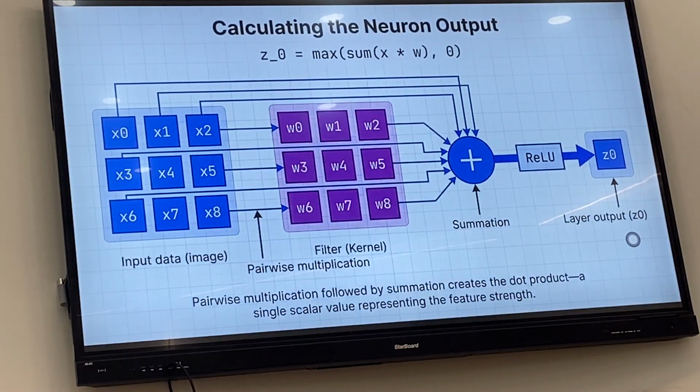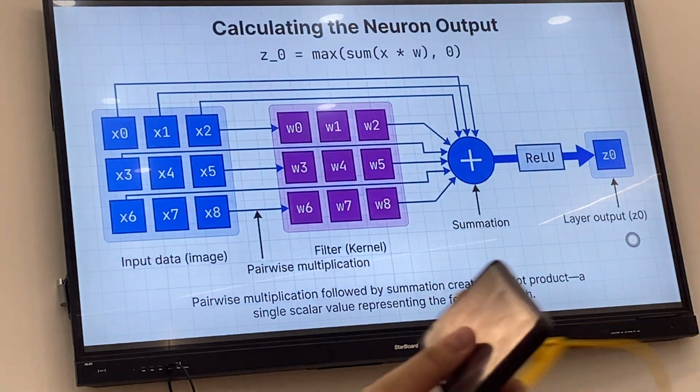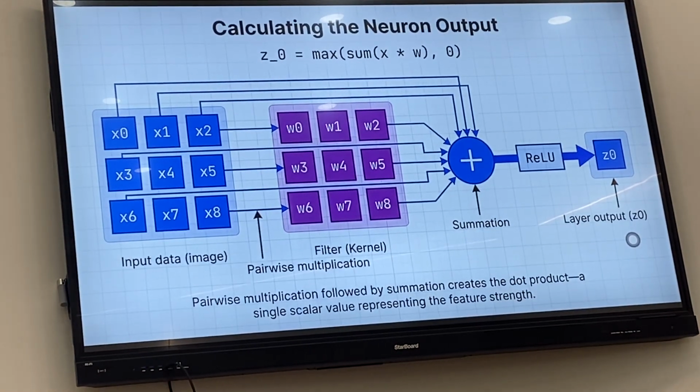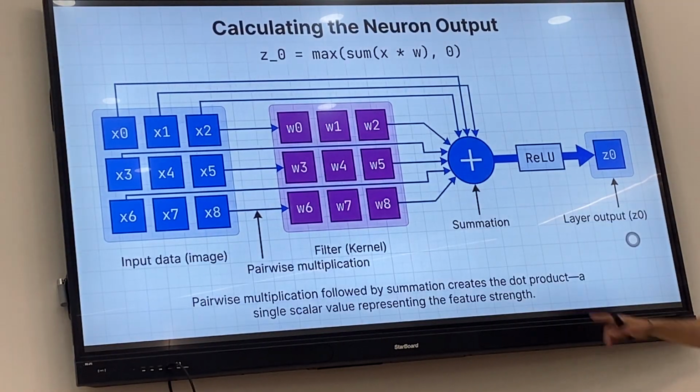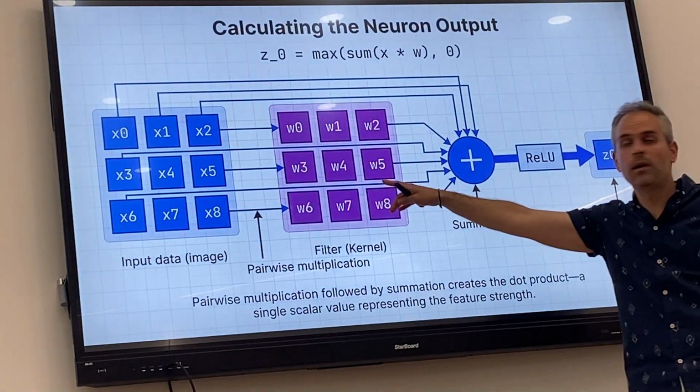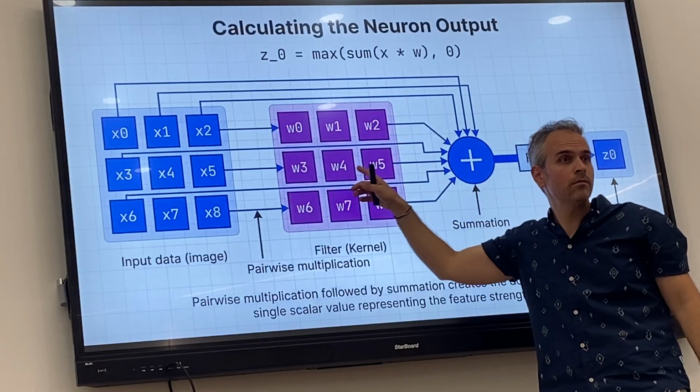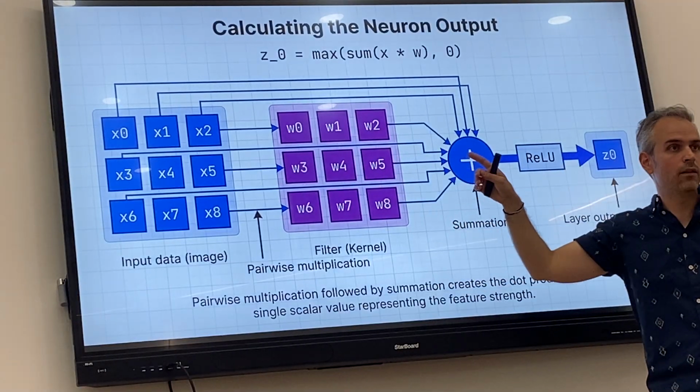This is the one. The left is just a small piece of the image. Remember, you have a 256 by 256 image, but just look at the upper left corner and isolate 9 pixels, 3 by 3. Now take a filter, the purple one. Remember, the filter has weights that are going to be trained eventually in the network.